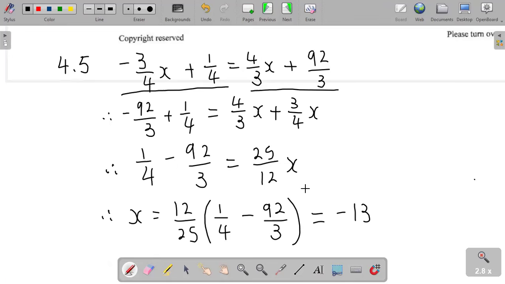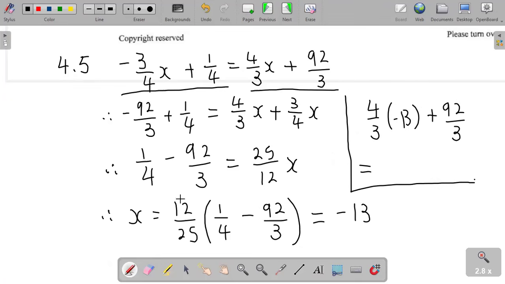Okay, so let's take the one on the right. It's going to be 4/3, and then you substitute negative 13, and then plus 92 over 3. And then you just use a calculator here.